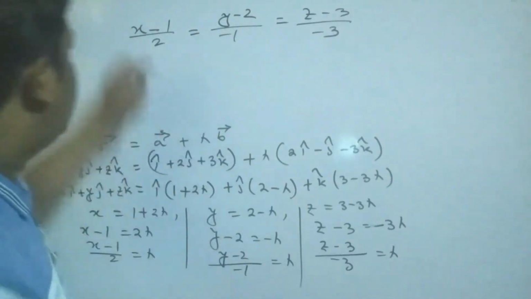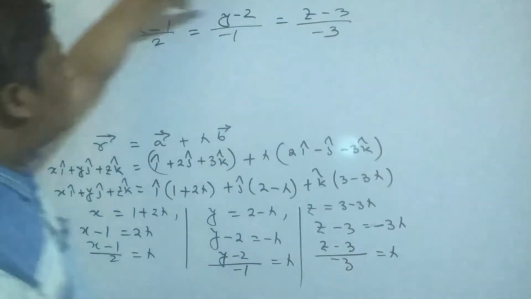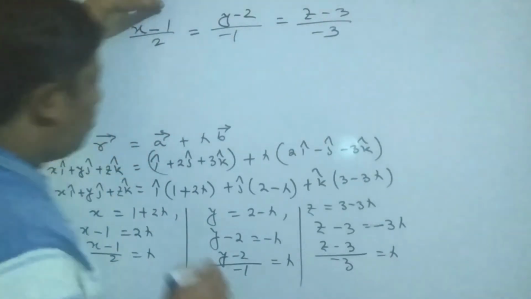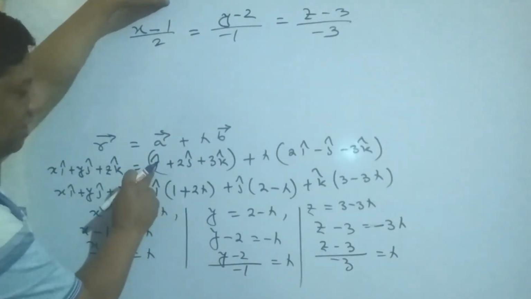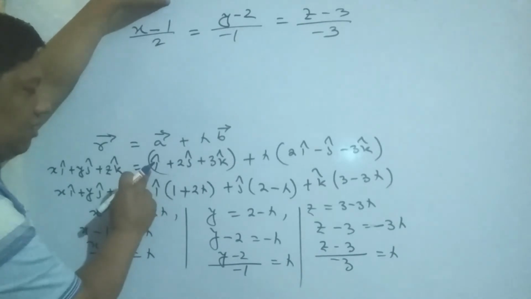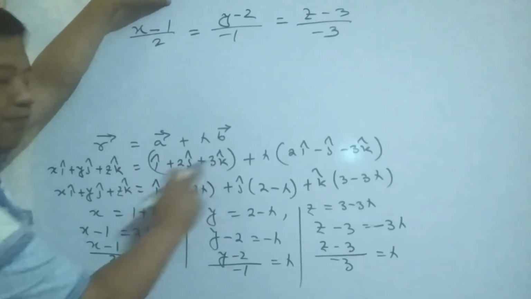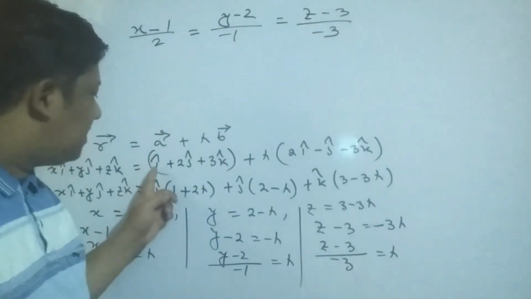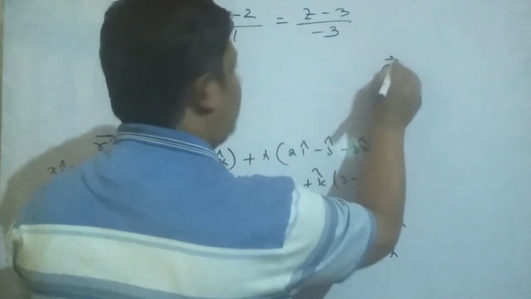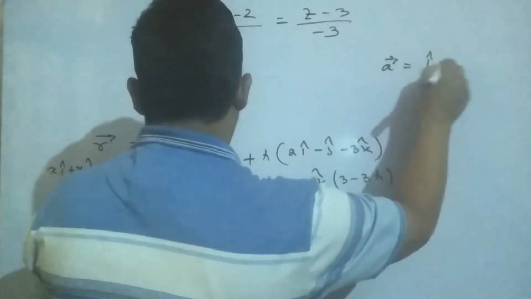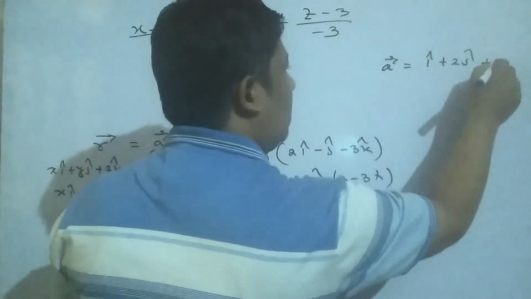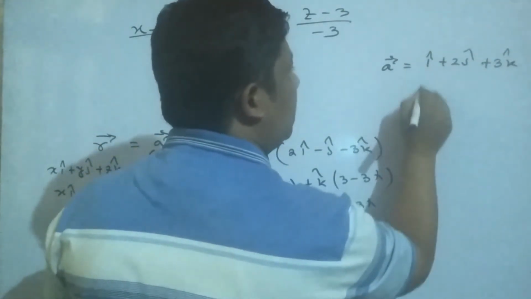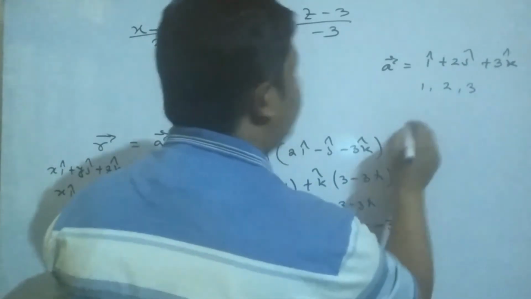Look very carefully. These are the point 1, 2 and 3 through which the line passes, because it is given that the line passes through the point A, 1, 2, 3. The coefficients are kept right here because the line passes through the particular point i, 2j and 3k. So this is the coefficient, here 1, here 2 and here 3.